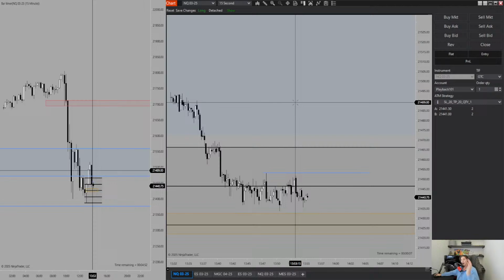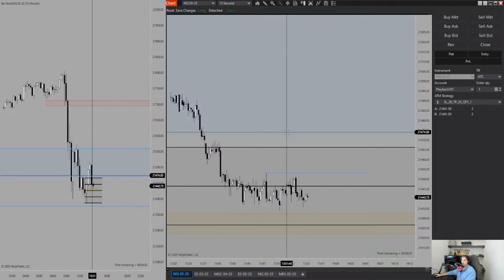You can see the theoretical price and theoretical value of your options over time as it's getting closer to the expiration date. So that's something to look into.